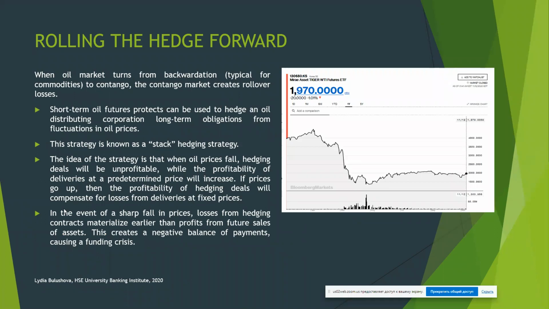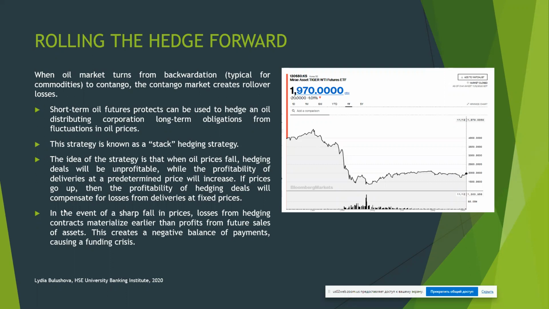So, rolling the hedge forward, that's what happened. Short-term futures protection can be used to hedge an oil distributing corporation's long-term deliveries from any price moves. They call it a stack hedging strategy.